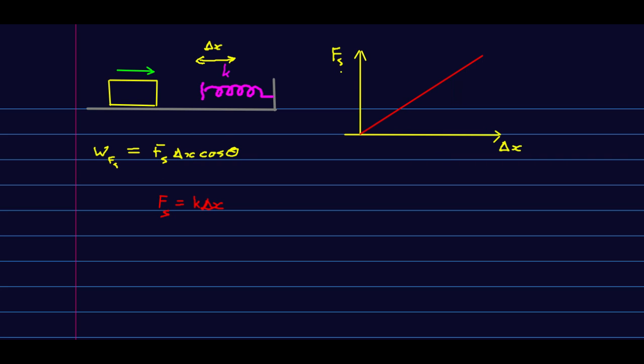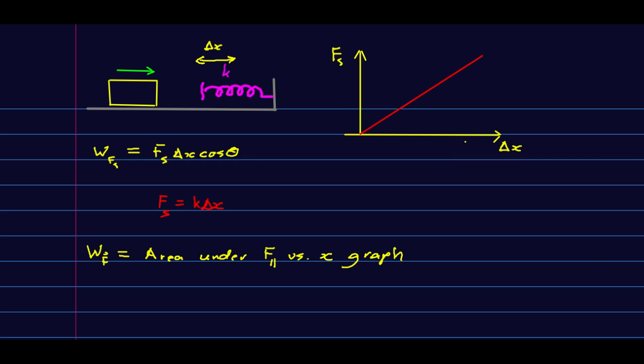This is very much like what we saw with impulse, and it turns out that when you have a changing force like this, your work done by any force is the area under the parallel component of that force versus position graph. And that should remind you a lot of impulse.